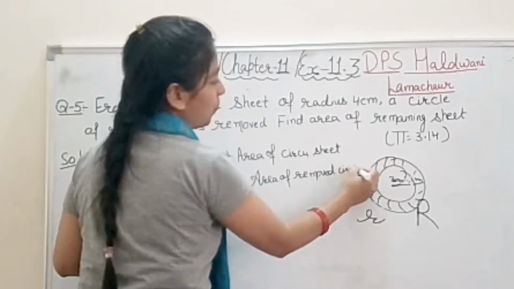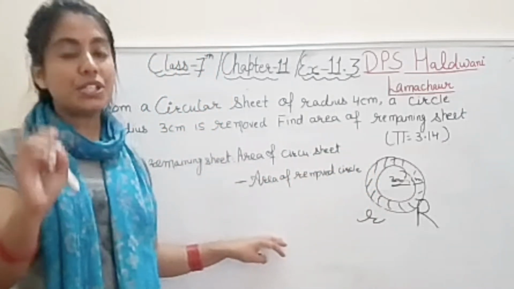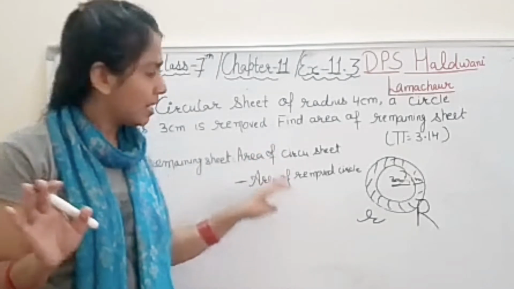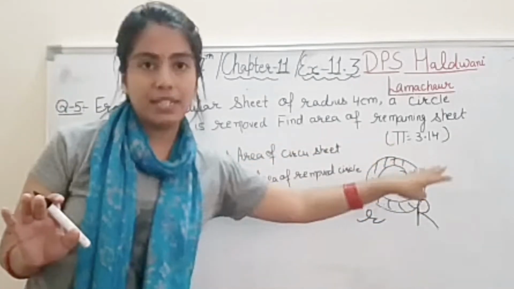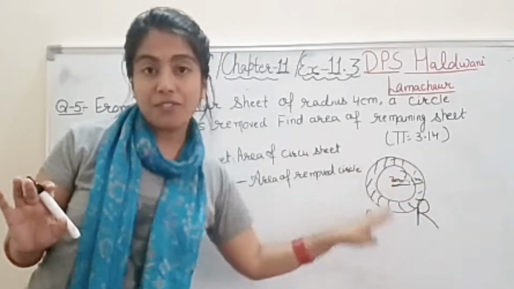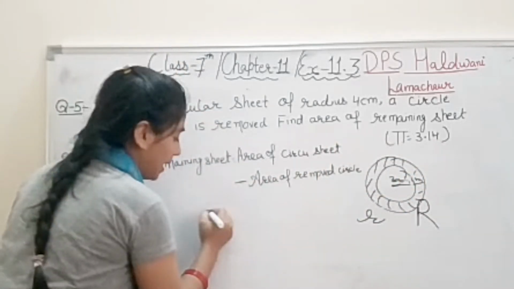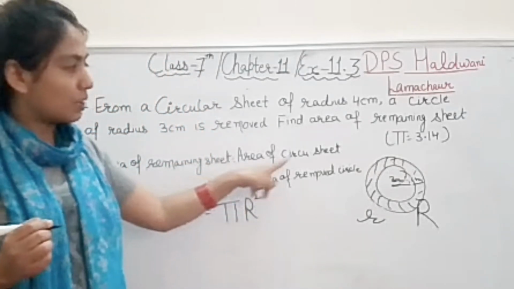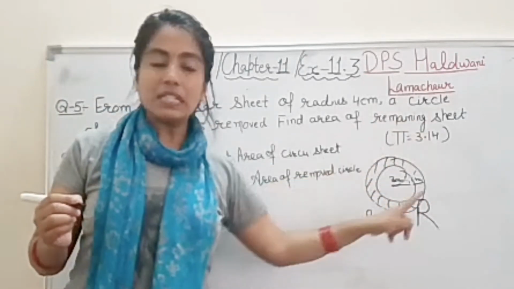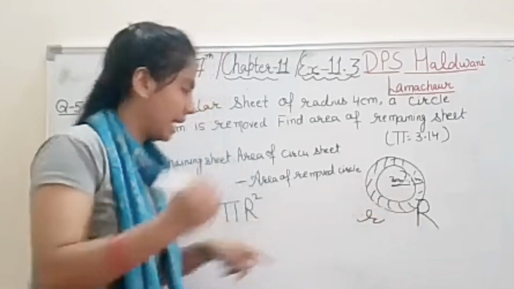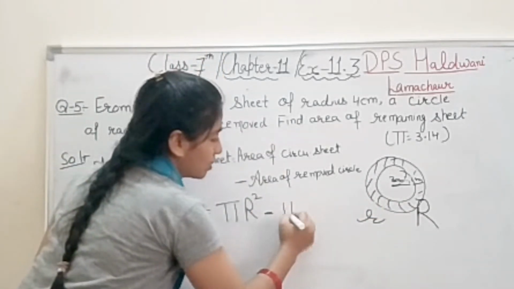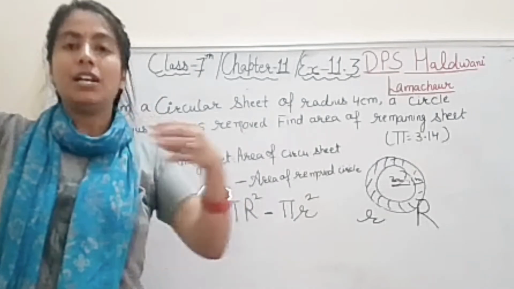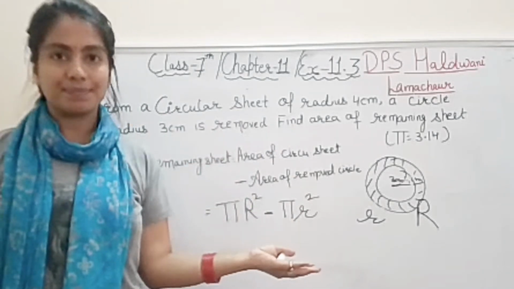Your choice, student, whatever you call it, we just want the calculation and the solution. Area of a circle is pi r square, so the circular sheet is pi R square, capital R, because for the outer circular sheet I took capital R. And the removed circle is pi r square. The area formula remains the same because it is a circle.